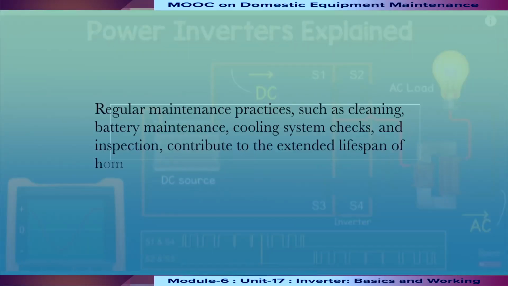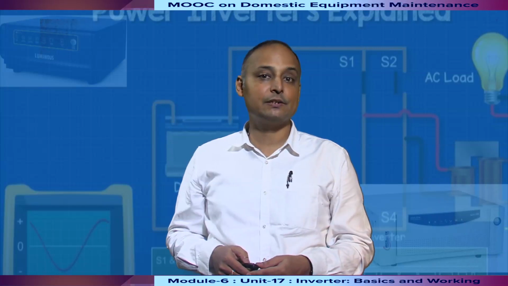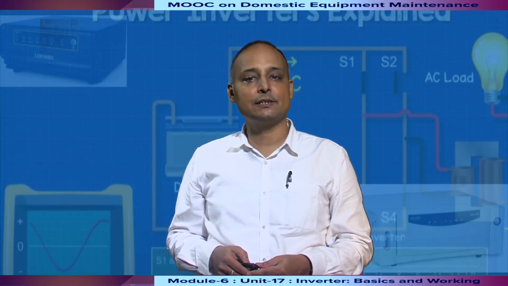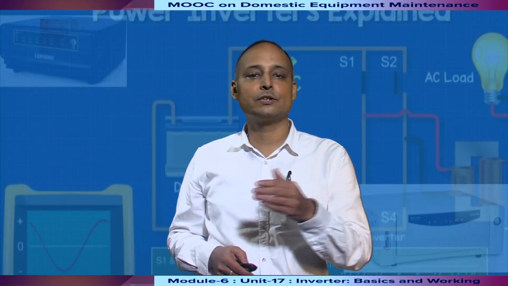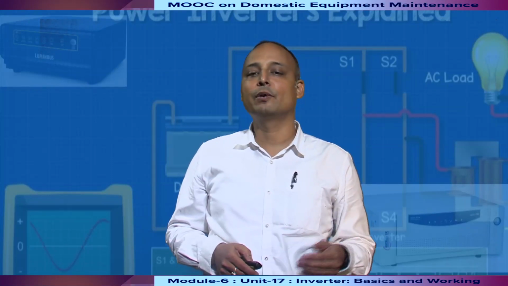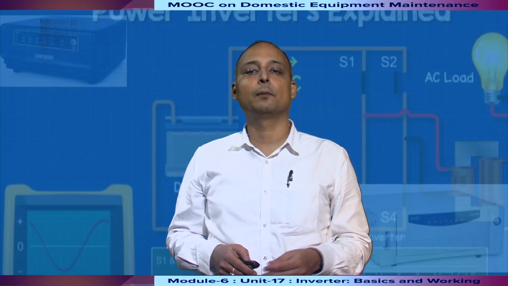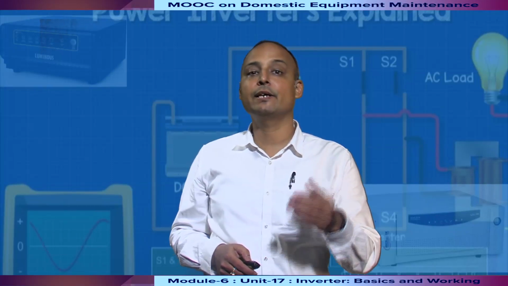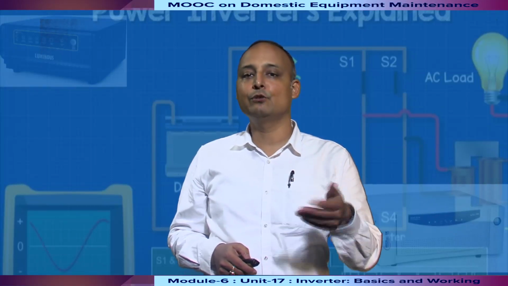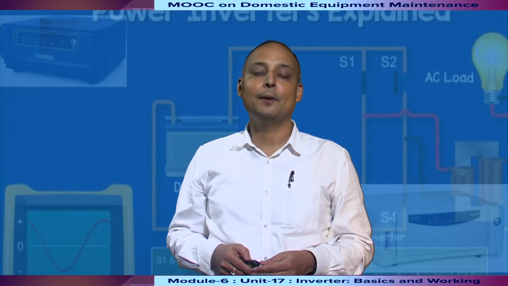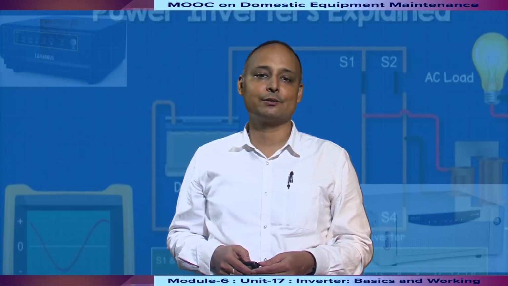Regular maintenance practices such as cleaning, battery maintenance, cooling system checks, and inspection contribute to the extended lifespan of home inverters. By implementing these practices and seeking professional assistance when needed, households can rely on their home inverters for uninterrupted power backup, enhancing their quality of life and reducing the inconvenience caused by blackouts or power failures.